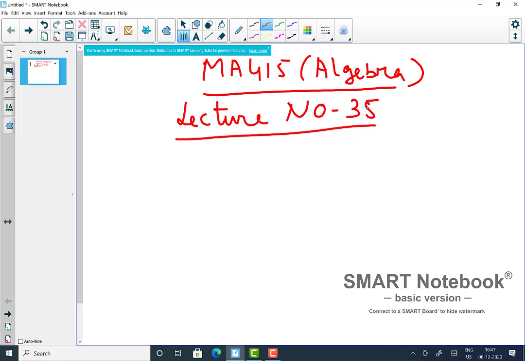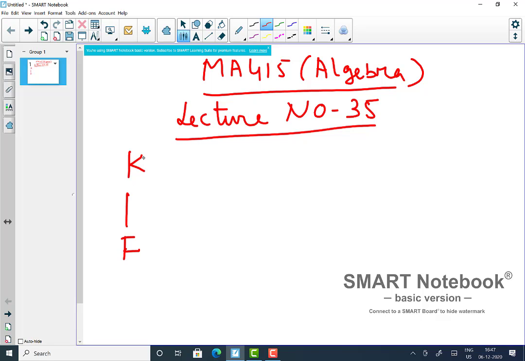Today we will first try to understand the general properties of field extensions. Let me start with a field K over a field F. What does that mean?